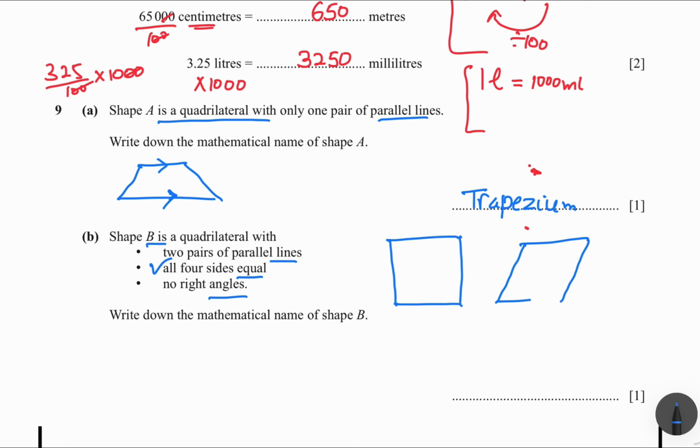Both have two pairs of parallel lines, like this and this, also parallel. Here also opposite sides are parallel to each other, right? Now no right angle. In a square we have right angles, but we do not have right angles in a rhombus. So that means our shape is a rhombus.